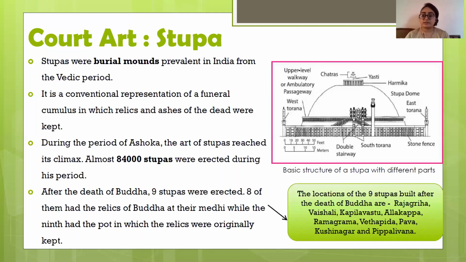These 9 stupas were at these places: Rajgriha, Vaishali, Kapilavastu, Allakappa, Ramagrama, Vetapida, Pava, Kushinagar, and Pippalivana. Out of them, 8 had relics of Buddha buried inside the stupas, and 1 had the relics in a pot. Originally it was kept in a pot. It wasn't directly buried. Fine.